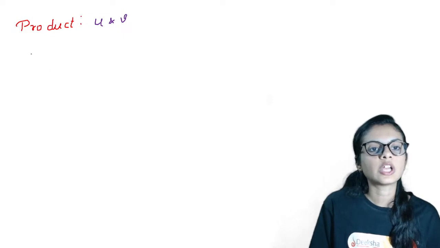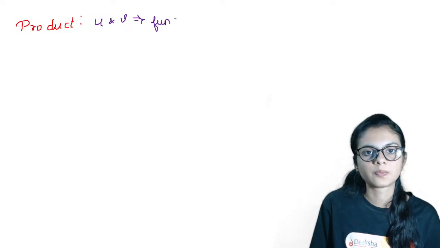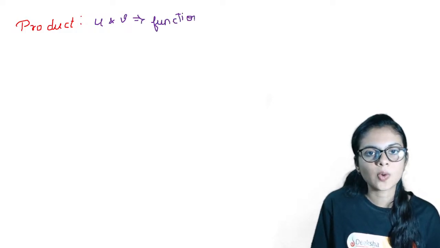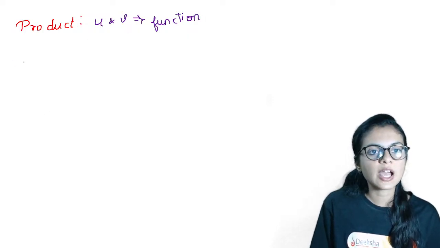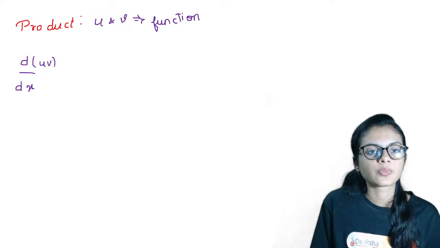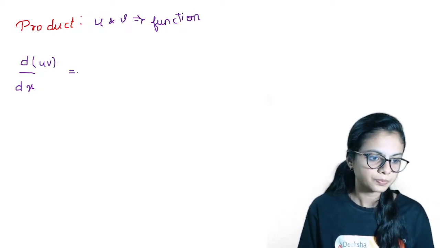So what are u and v? U and v both are functions. It may be x square, it may be sine, it may be cos, or anything. So if they ask us to differentiate d by dx of uv, uv is nothing but they are asking us to multiply.